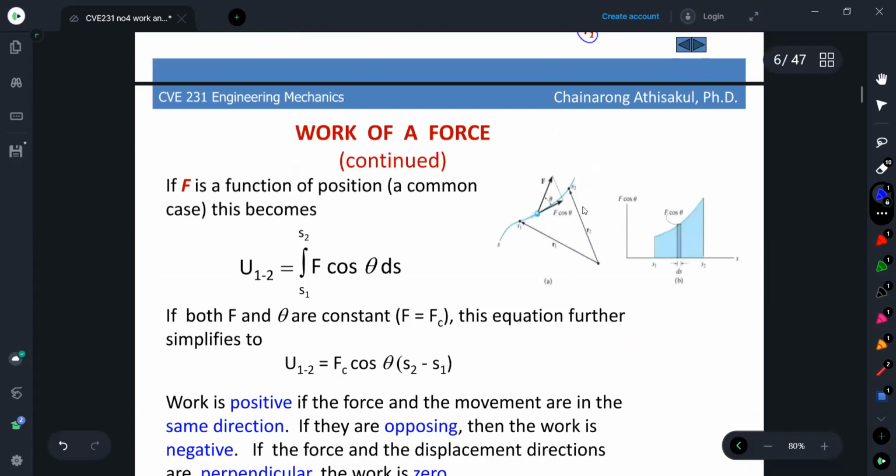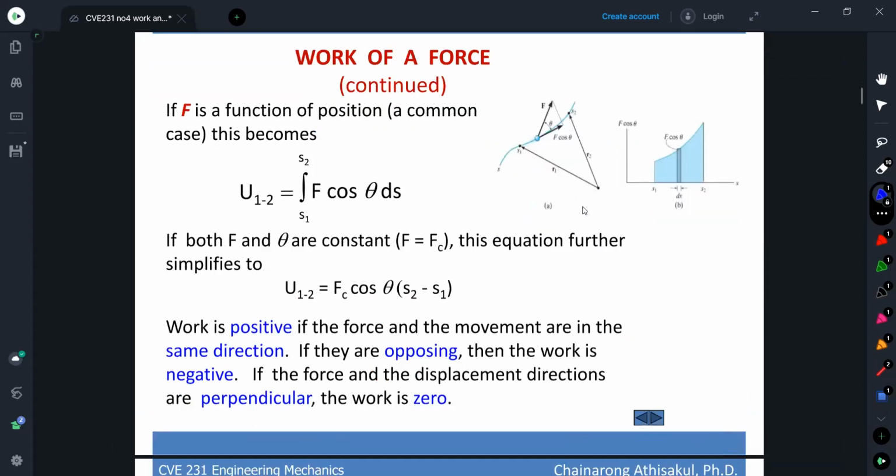If F is a function of position, after the scalar product, the work done is the integral of F cosine theta ds from S1 to S2.